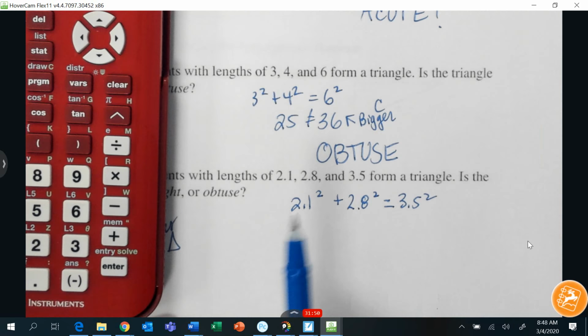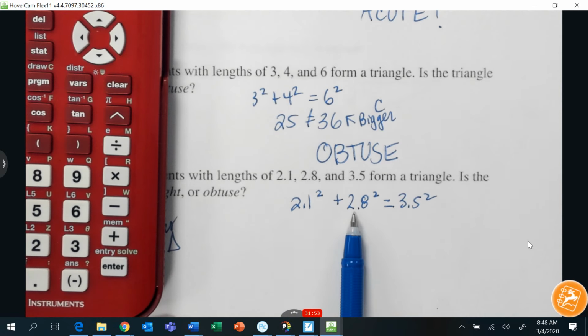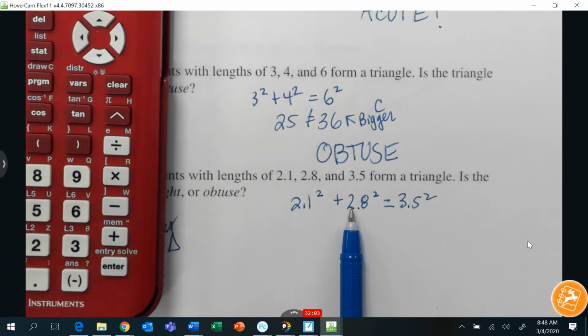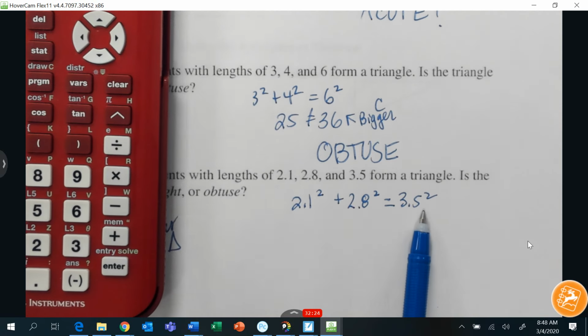Cameron, I would like you to tell me 2.1 squared plus 2.8 squared. Oh, add them together for me. I don't care individually. Just tell me the total of them. It's not what I got. I have to try again. You got it. You're good. And while Cameron's working on fixing that, Stephen, can you tell me this side?